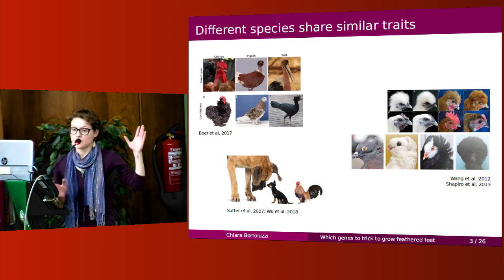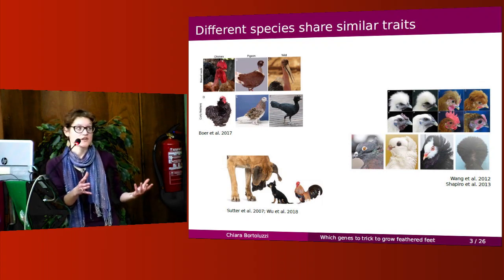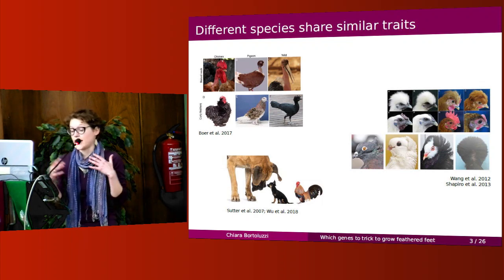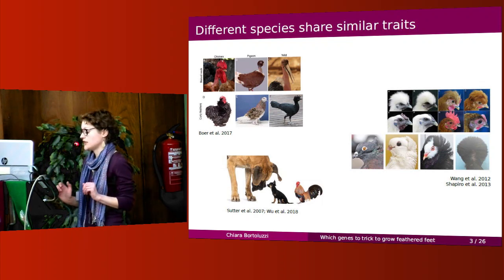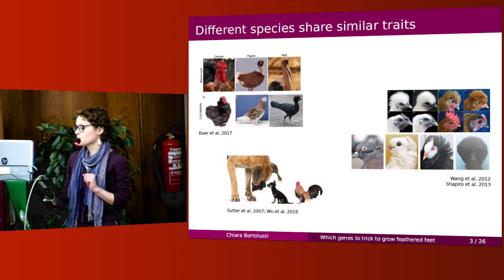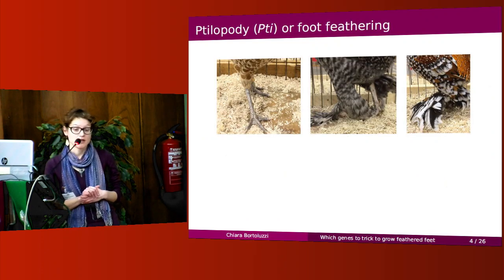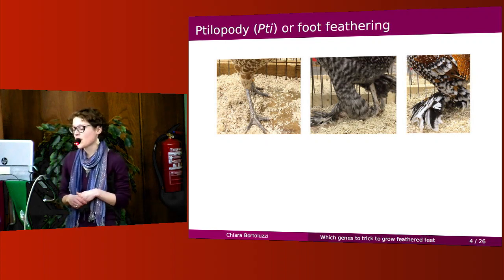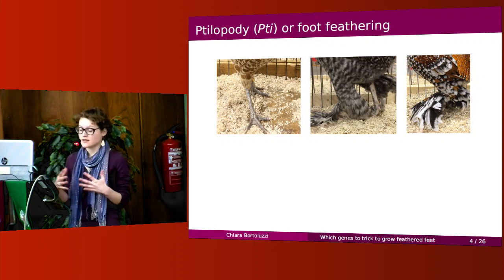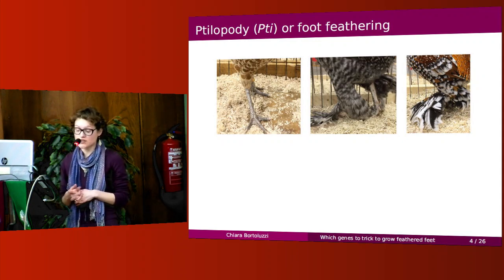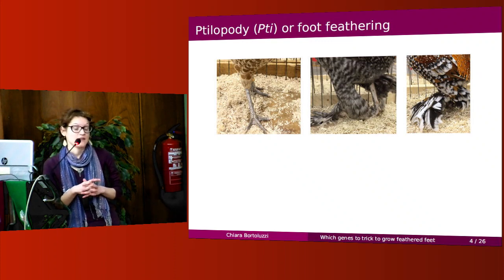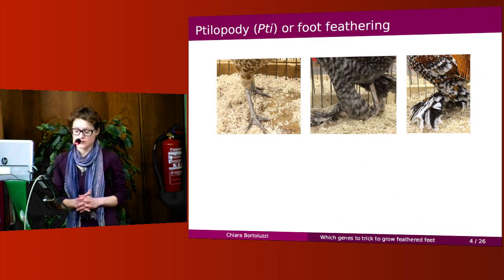You can see, for example, the variation in body size between dogs and also chicken. We observe also variation in that sense. So the phenotype of my story is called ptilopody, or foot feathering. In general, what you usually observe in chicken is that the predominant trait is the scaled epidermis, and with predominant, I mean that most of the breeds have that phenotype.